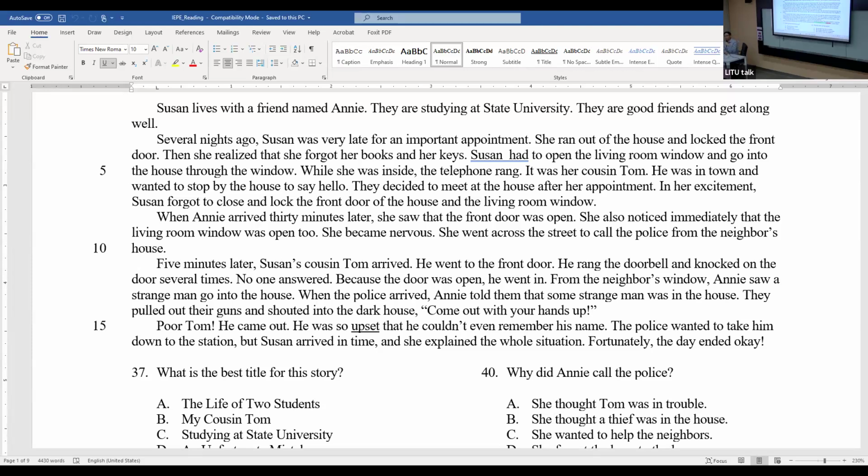Susan lives with a friend named Annie. They are studying at State University. They are good friends and get along well. Several nights ago, Susan was very late for an important appointment. She ran out of the house and locked the front door.